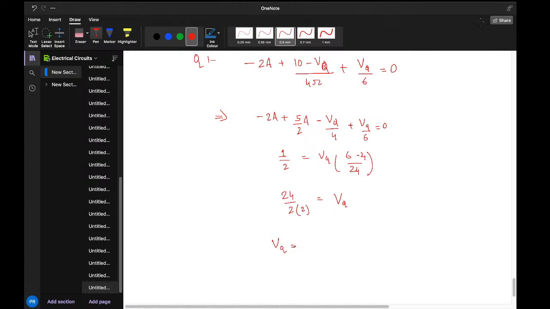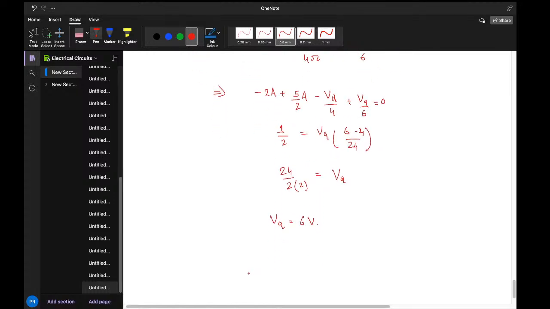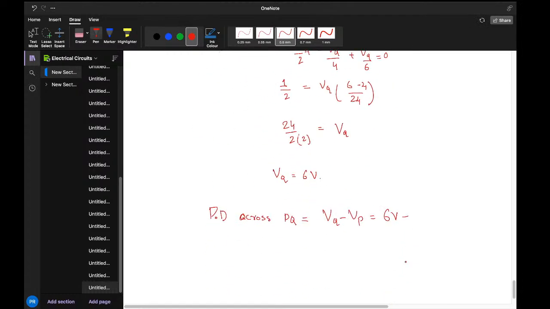So V of Q is going to be equal to 6 volts. So the potential difference across PQ is equal to VQ minus VP is equal to 6 volts minus 56 by 3 volts.